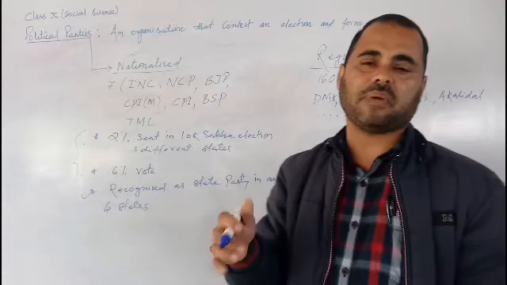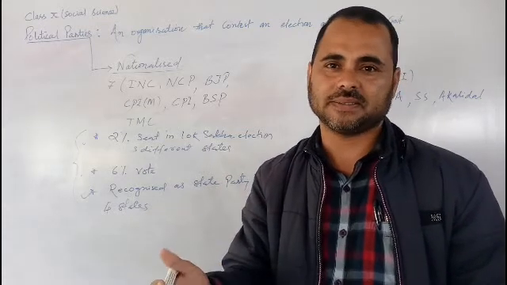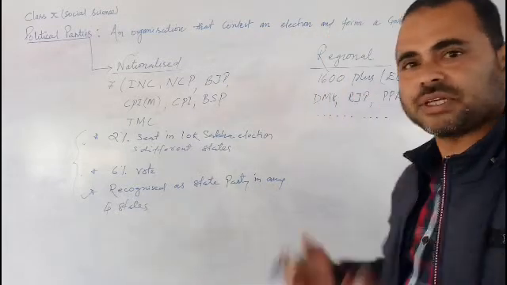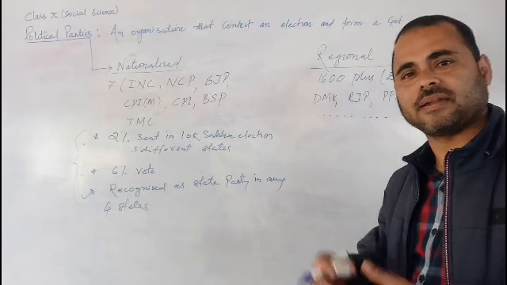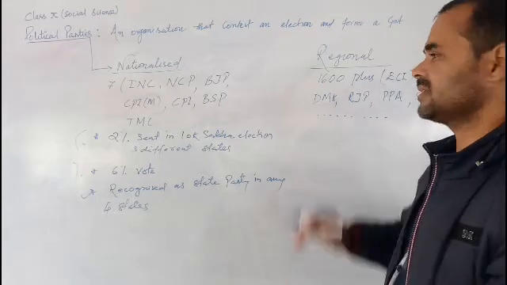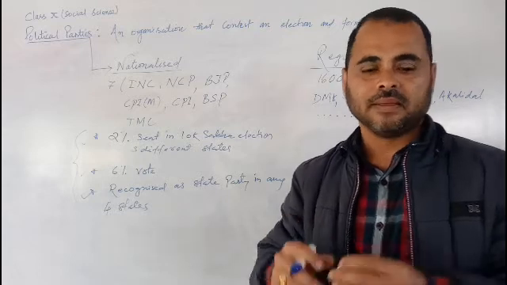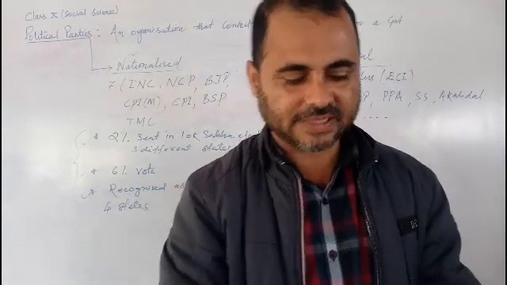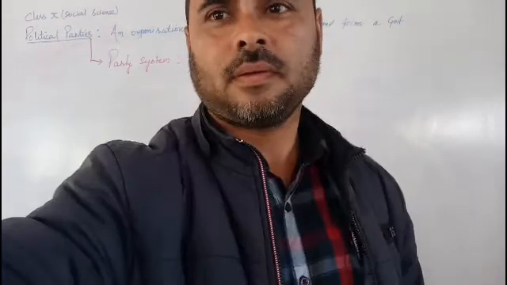Then that party will be counted as a nationalized political party. Any party which secures 6% of votes in the Vidhan Sabha and Lok Sabha election will be recognized as a regional political party. Okay, this is about the classification of the political parties as nationalized and regional.